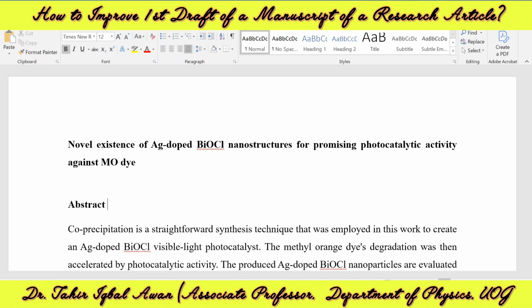So I would say that the title of this paper could be "Cost-effective synthesis of Ag-doped bismuth oxychloride nanostructures for their photocatalytic application for degradation of methyl orange dye," or you can use a title like "Synthesis of Ag-doped bismuth oxychloride nanostructures for their applications as an efficient photocatalyst."